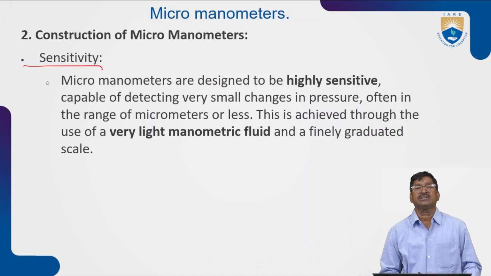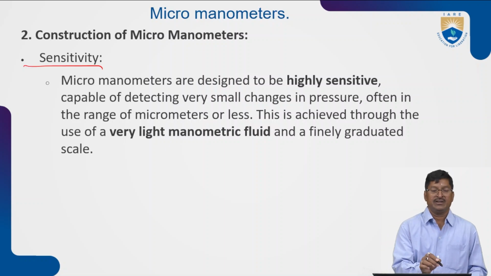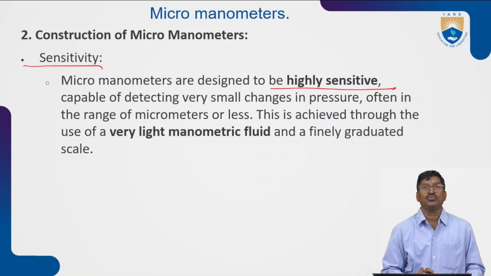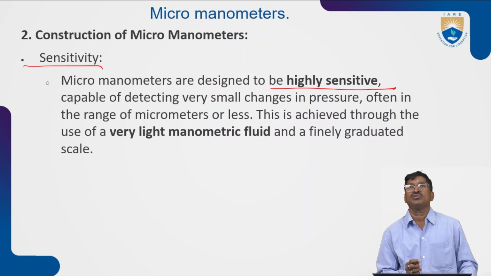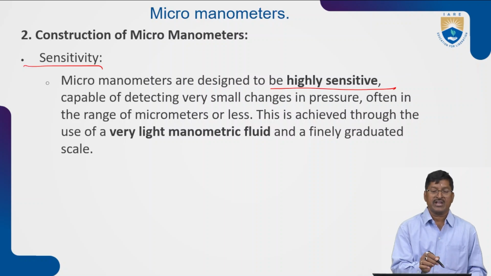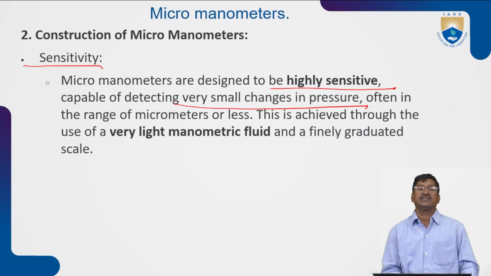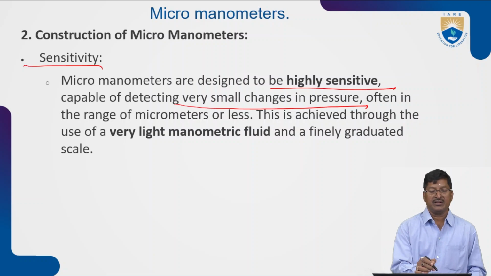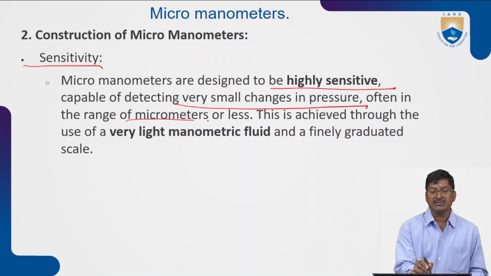Sensitivity. So what is the sensitivity? See here, micromanometers are designed to be highly sensitive. Even very small pressure differences, it will catch the readings. Okay, it is capable of detecting very small changes in pressure, often in the range of micrometers or less.